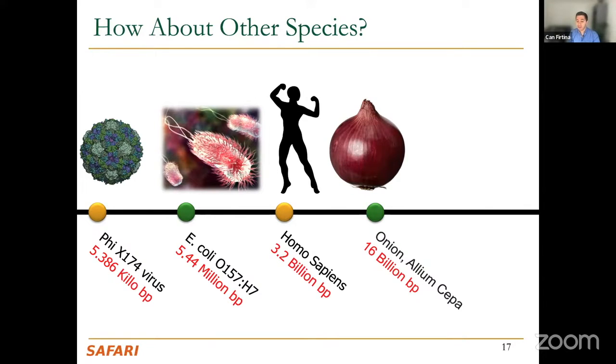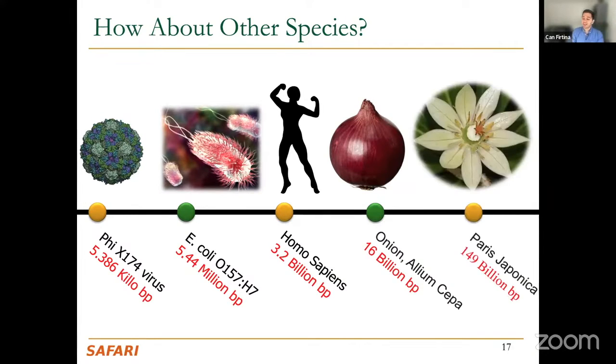For example, an onion can contain around 16 billion bases. So the question is, is an onion a more complex structure than a human being? That's a very subjective question, right? It depends on how you describe the complexity. If you are talking about intelligence, perhaps no, but maybe there are other complexity levels that we should think of.